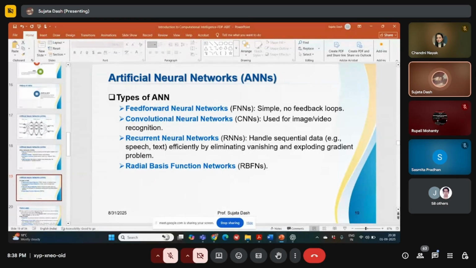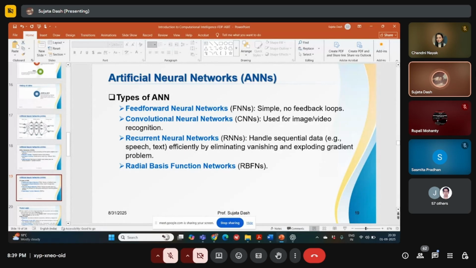And the next is recurrent neural networks. They are designed for sequences like time series data, text data, or speech data, and they use feedback loops. That is why the name is recurrent neural network. Then radial basis function networks, they use distance measure techniques, effective in classification problems.